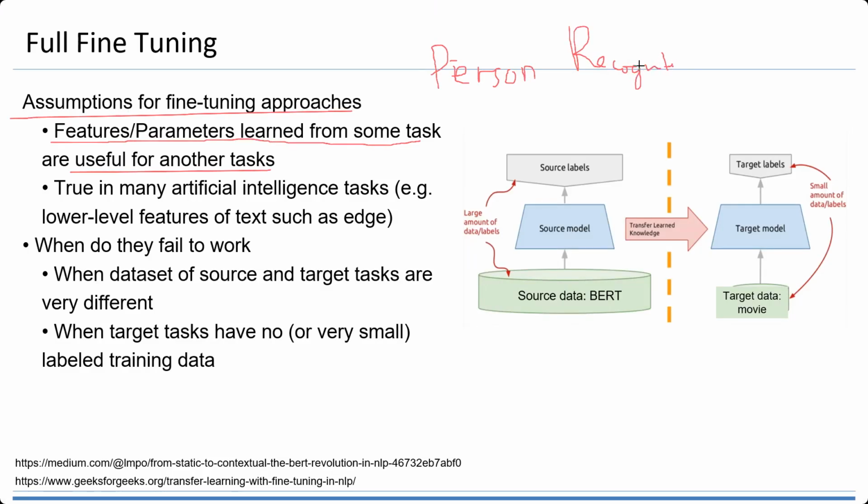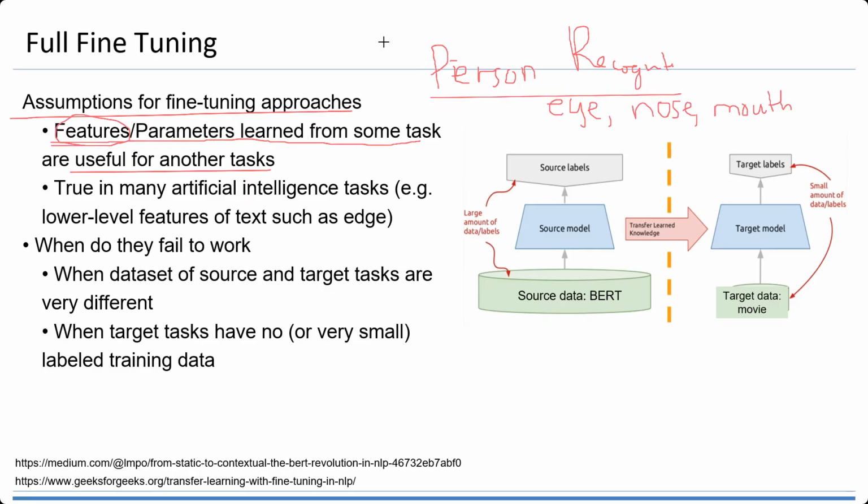In person recognition, we can check the eye. Okay, we can check the nose. We can check the mouth, etc. So we know that there are some features.